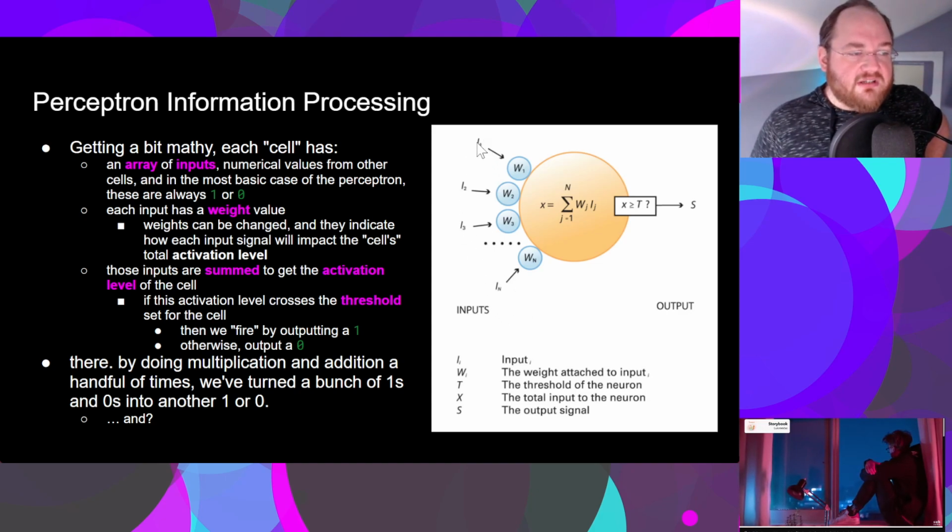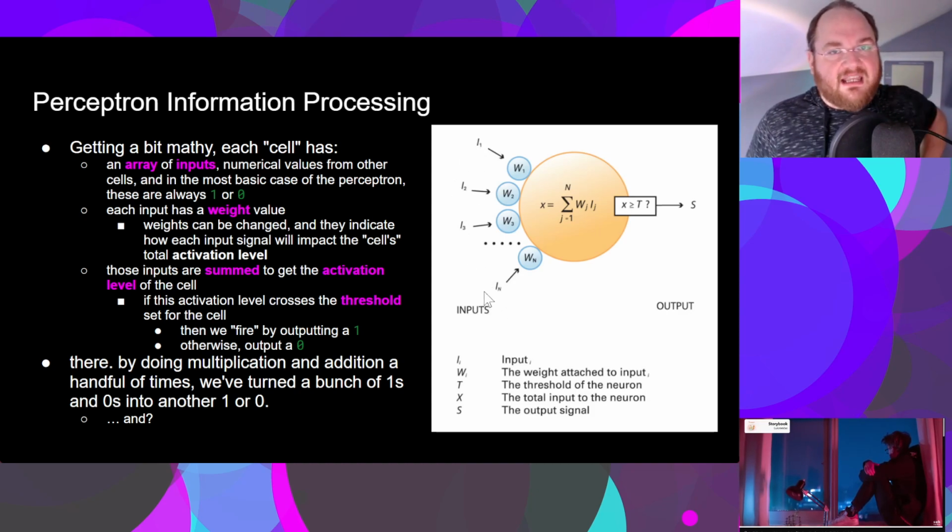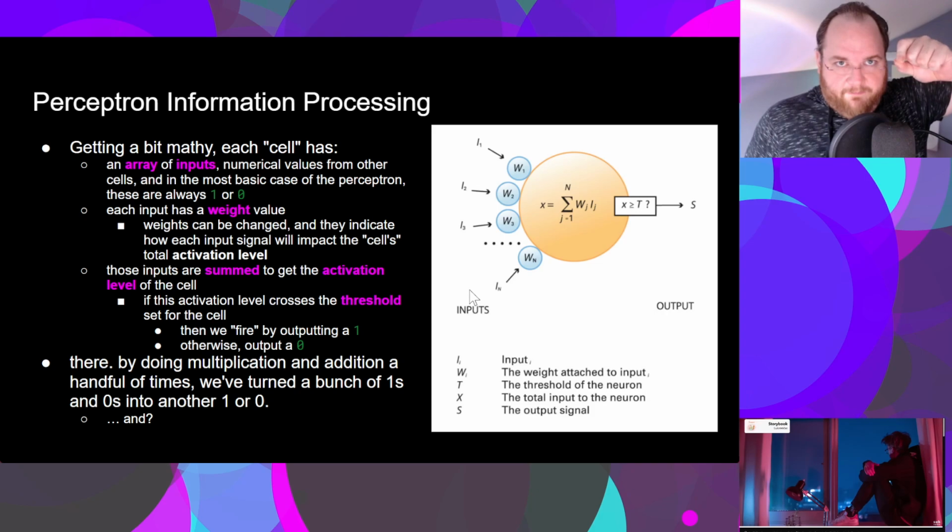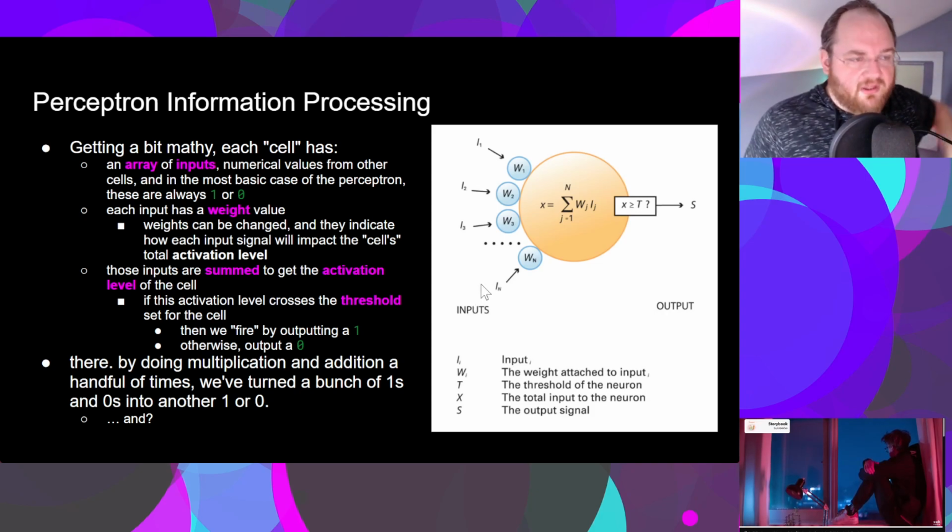Maybe I'm trying to do a picture and take inputs as the light from a pixel of a photo or something. But whatever it is, it's some kind of input number, and usually it's a 1 or a 0. These are all weighted. This is key. They have a weight value. Weights can be changed to update how this thing should integrate all the information coming into it.